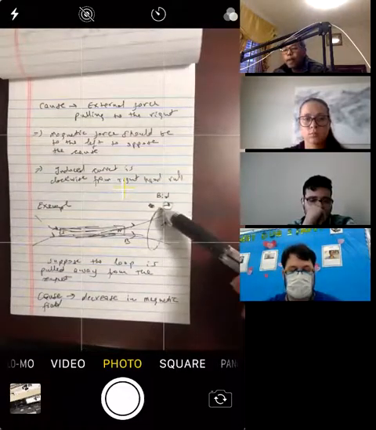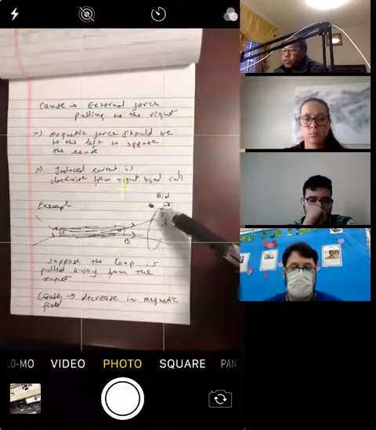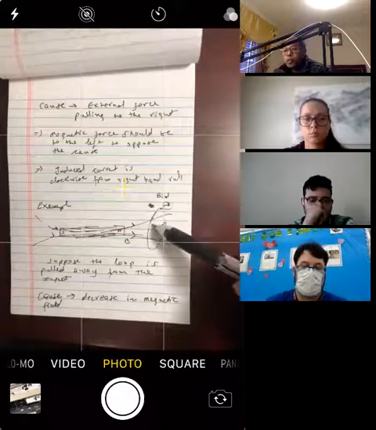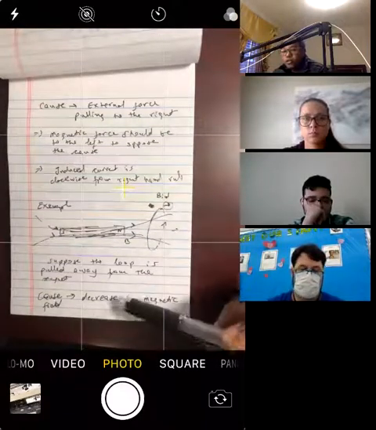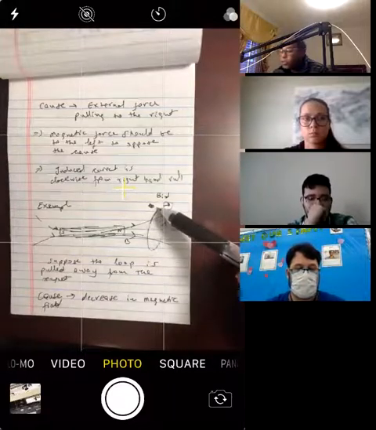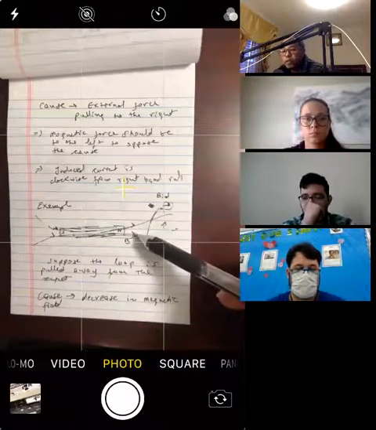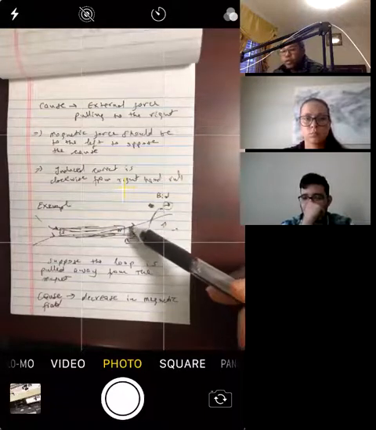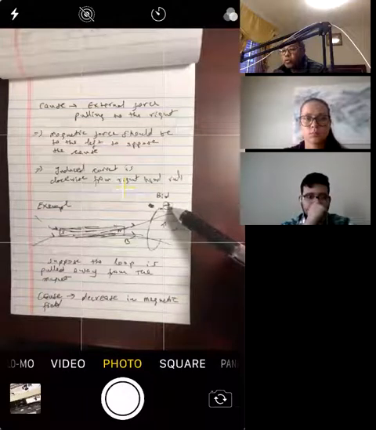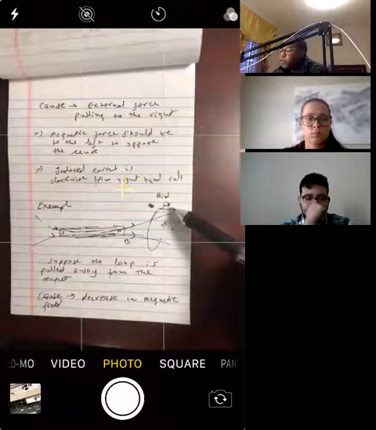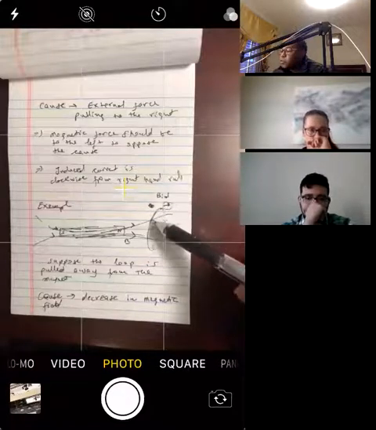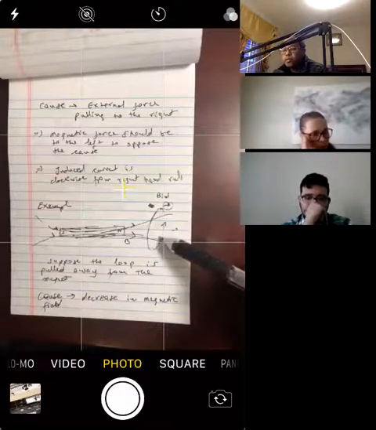According to Lenz's rule, the direction of that induced current should be in such a way as to oppose the cause. So if the cause is a decrease in magnetic field, that induced current should flow in such a way as to increase the magnetic field. But this one is to the right. If it's to increase it, then this one has to be to the right, in the same direction. And then once we figure out the field is to the right, we just have to use the right-hand rule to figure out the direction of the induced current.